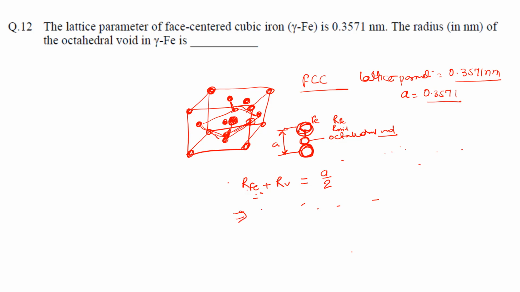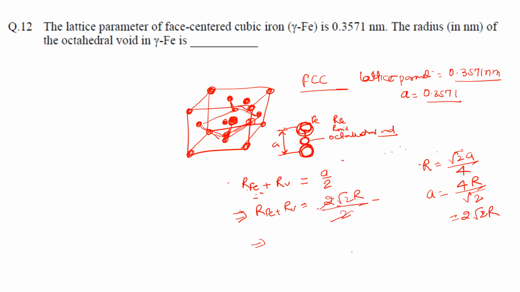We know that R is equal to root 2 a by 4 in the case of FCC. So a is equal to 4R by root 2, which is 2 root 2 R, so 2 root 2 R by 2, and this R is R Fe. So you can write R V is equal to root 2 minus 1 times R Fe, right?